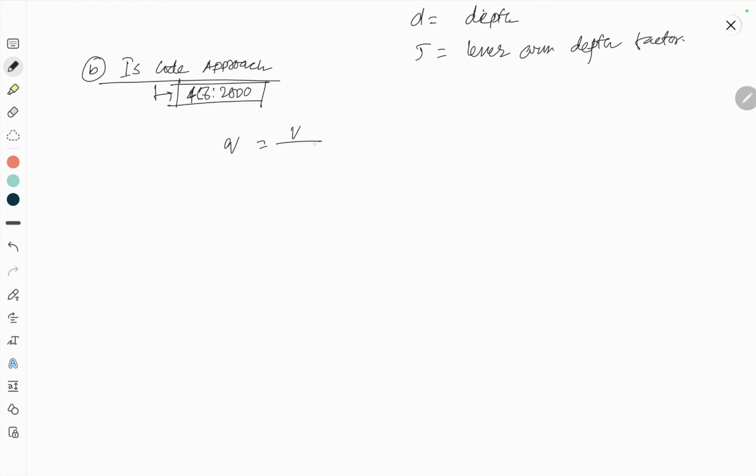Q equal to V by BJD converts to tau equal to V by BD. For simplification, the J term is missing, and this tau is known as your nominal shear. Why nominal?